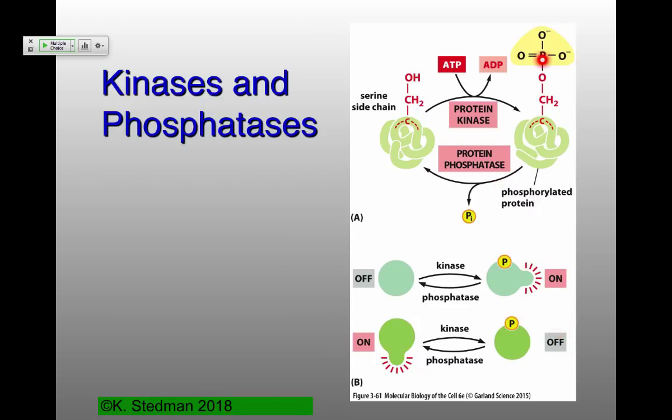That just has to do with what that protein is going to be interacting with. So when you say turned on or turned off, that's just what this particular protein is interacting with. In this case, phosphorylated is on. In this case, phosphorylated is going to be off. Again, both ways that this can happen.